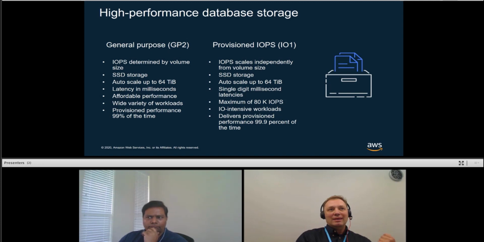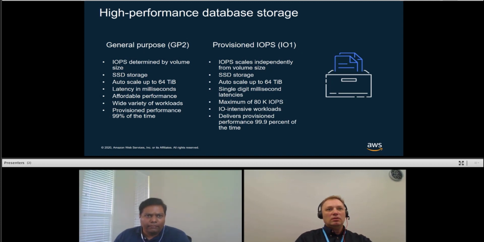And again, provisioned IOPS is backed by SSD storage, but it is possible to scale your IOPS independently from the volume size, and that's what differentiates that from the general purpose storage.